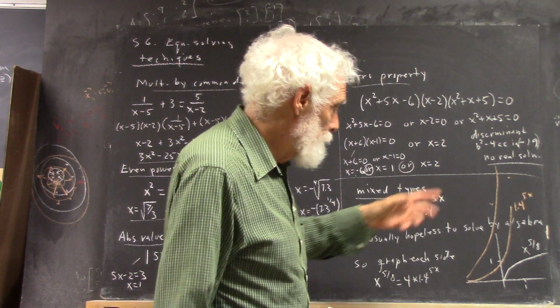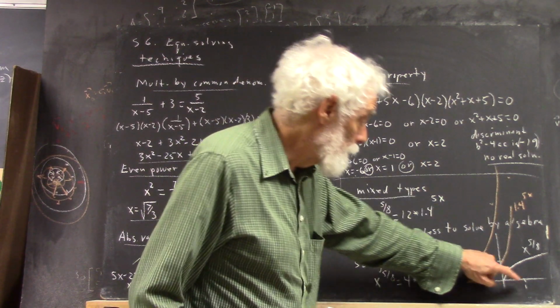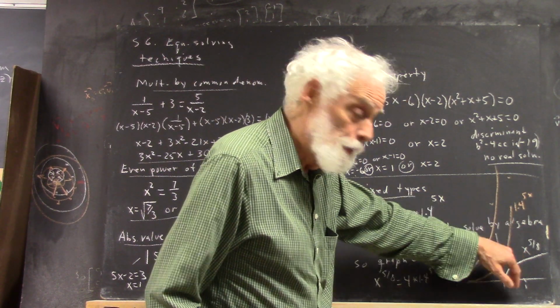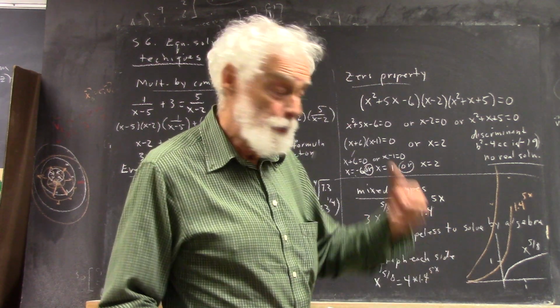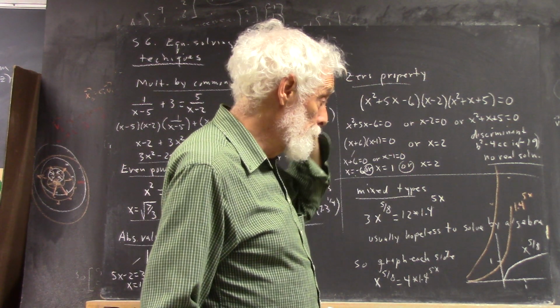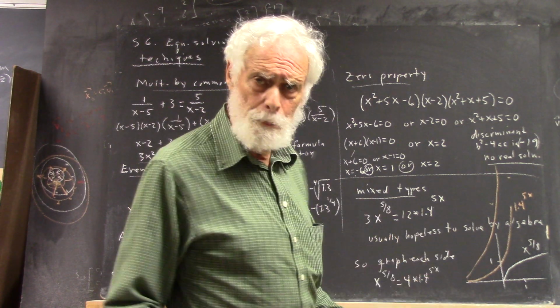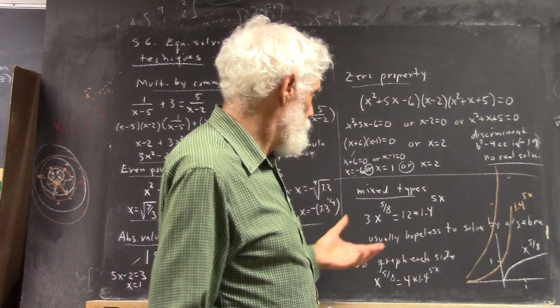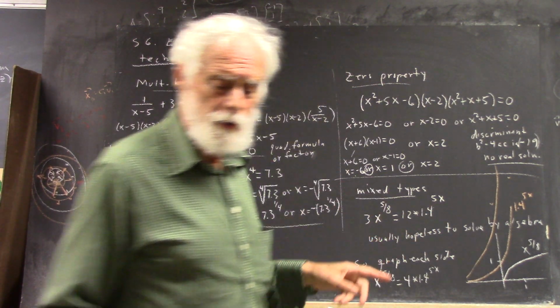Because you would look for points where the graphs cross. At those values of x, wherever the graphs cross, the functions would be pretty close to being equal, you would hope, if you got a good graph. Or in a case like this where it's obvious the graphs of the two sides can't possibly intersect, you say there's no solution. There's no value of x that makes this side equal to this side.